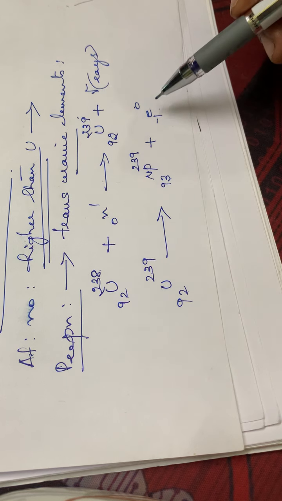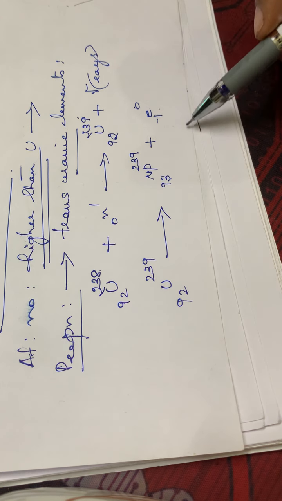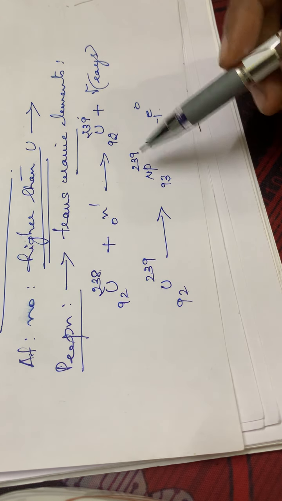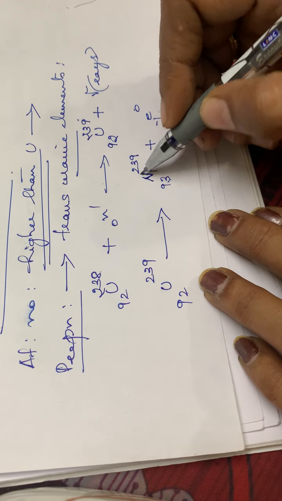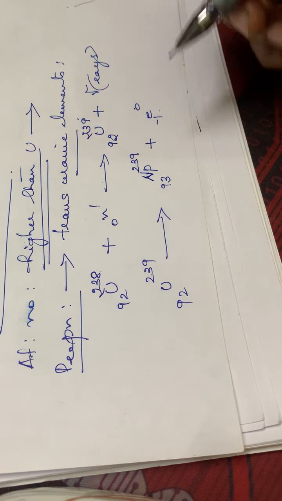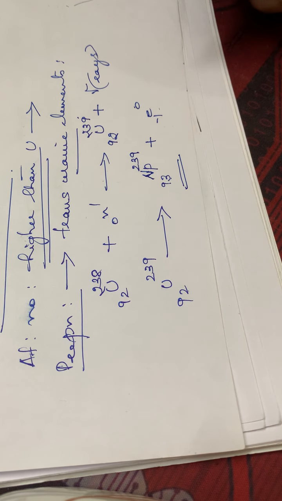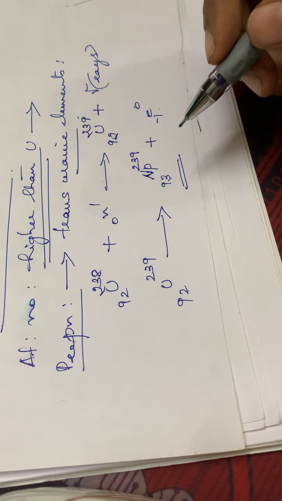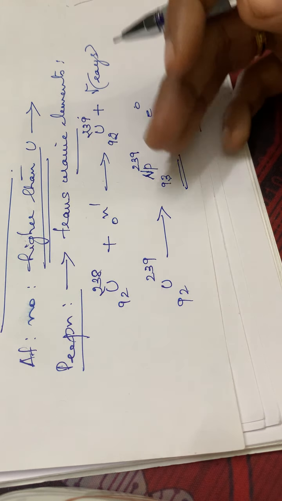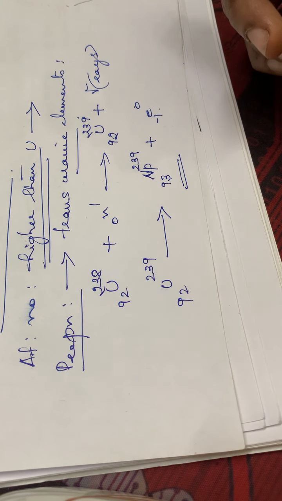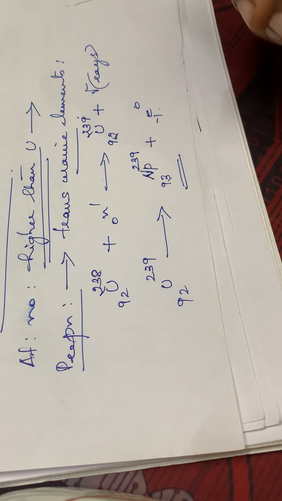Then again it emits a beta particle, e, 0, minus 1, and the other product is neptunium 239, 93. So we have neptunium, the first transuranic element, isn't it? This reaction goes on continuously, so that we get the other transuranic elements.